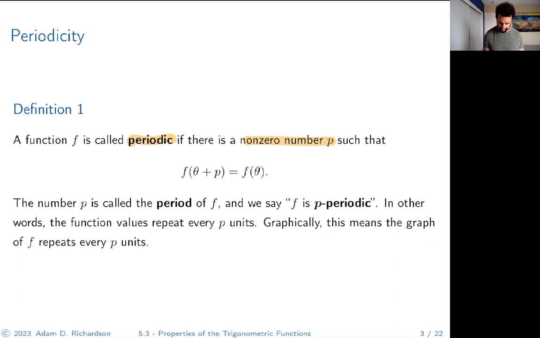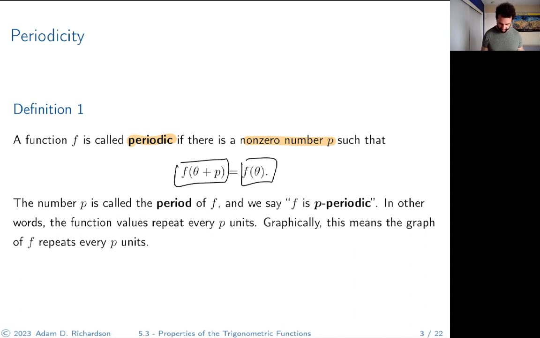The outputs of the functions, right? So this is the output of the function when you put in theta plus p, and this is the output of the function when you put in theta. And we say that a function is periodic if those two outputs are the same for some non-zero number p.